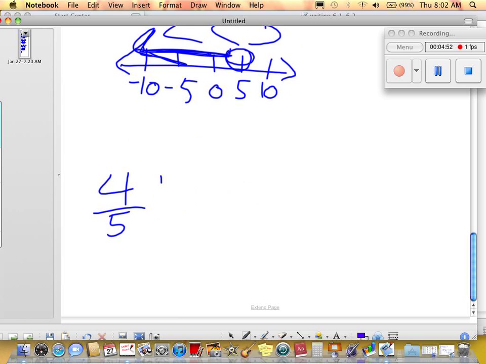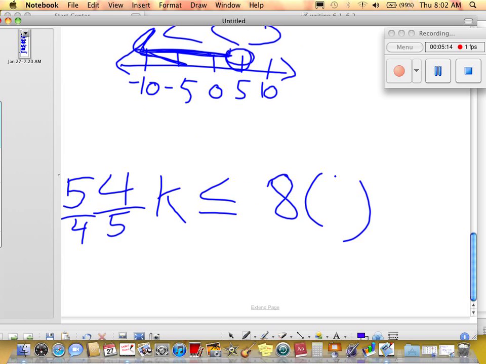For this, k is less than or equal to 8. What do I do to get k alone? What is that thing called when we flip a fraction over? Reciprocal. So I'm going to multiply both sides by the reciprocal. Remember, if you see a letter by itself with a fraction, multiply by the reciprocal.